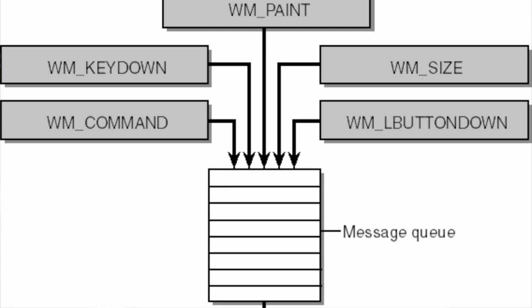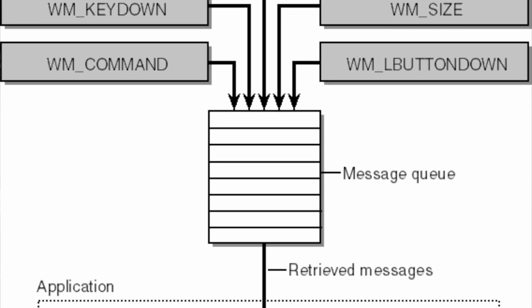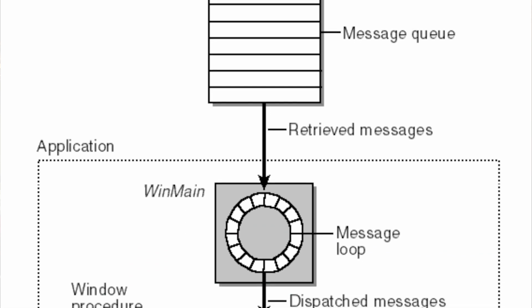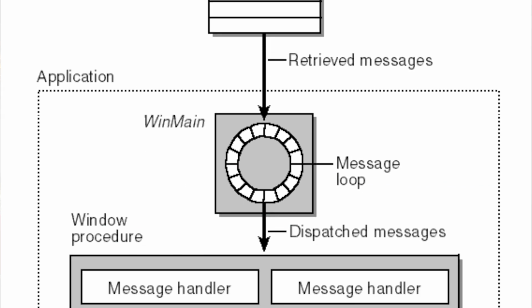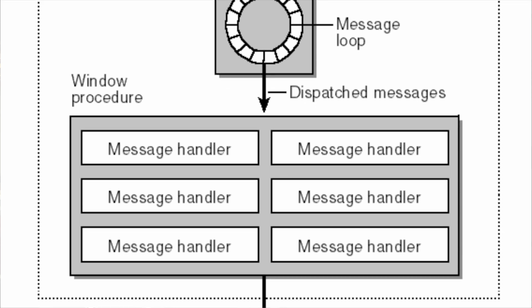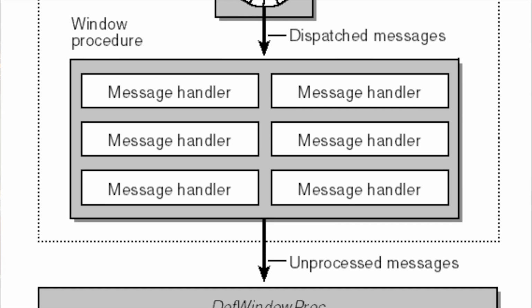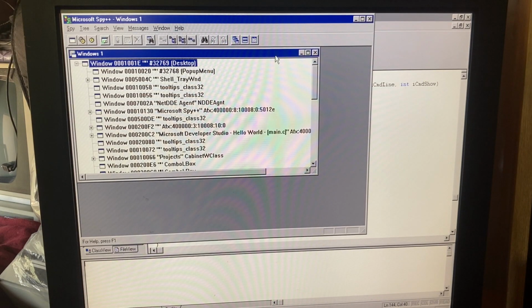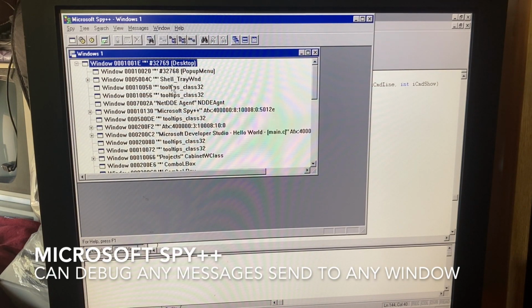For example, if you minimize the window, a message is sent to the application, or the application sends one to Windows. Microsoft has a special utility that can spy on these messages from two applications. For example, the desktop.